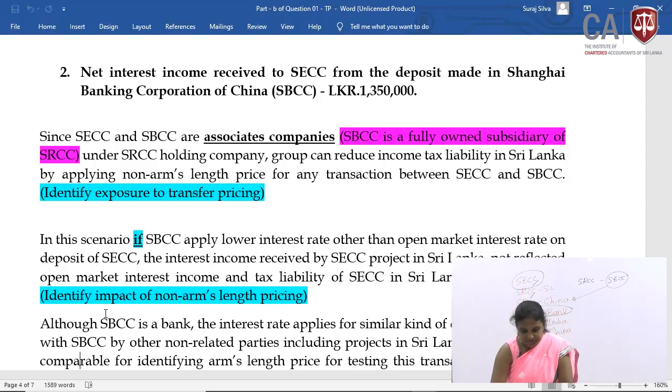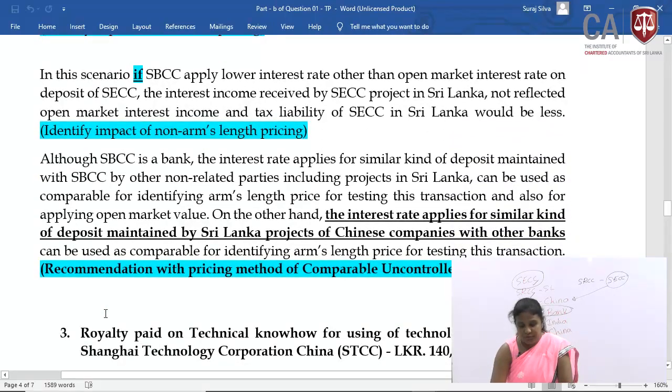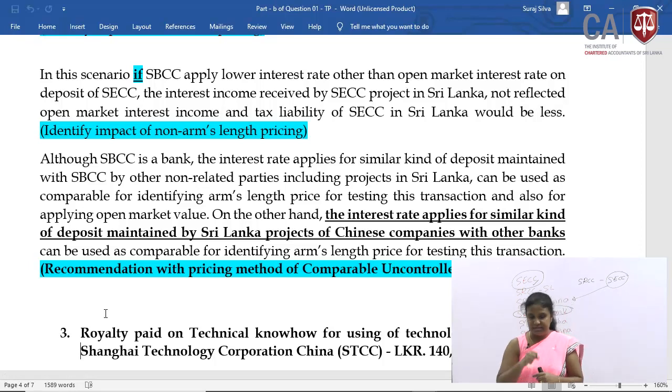Then the second one: now see how you all formulate the answer. You all apply the information given in the scenario to the answer. In this scenario, if SBCC, that means the bank, applies a lower interest rate, that's why I told you this is income to one associate. Then as the other associate, why can that company not reduce the interest rate? Obviously they can. Then SBCC applies a lower interest rate other than the open market interest rate on the deposit of SCCC.